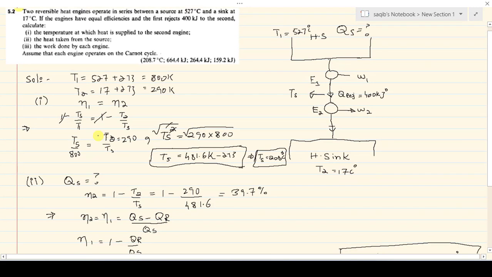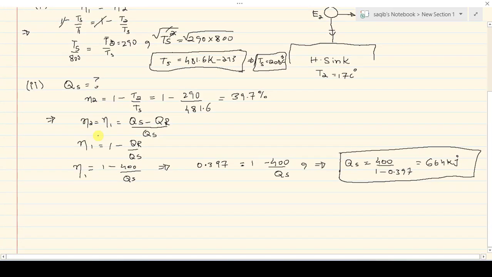Now the third part of this problem is the work done by each engine. So now we are moving toward the final part of this problem. The work done by the first engine is equal to heat supplied minus heat rejected.